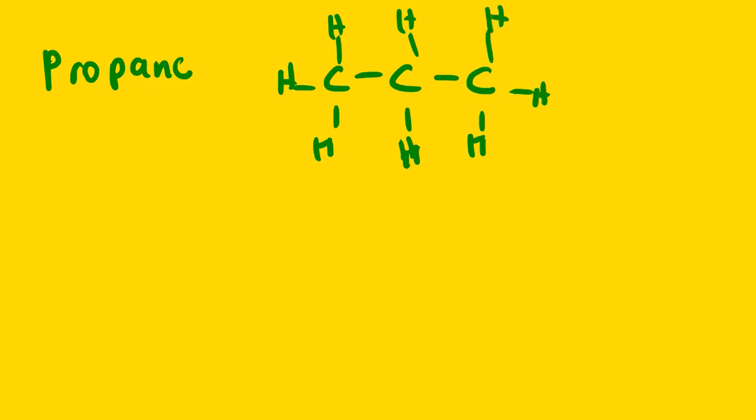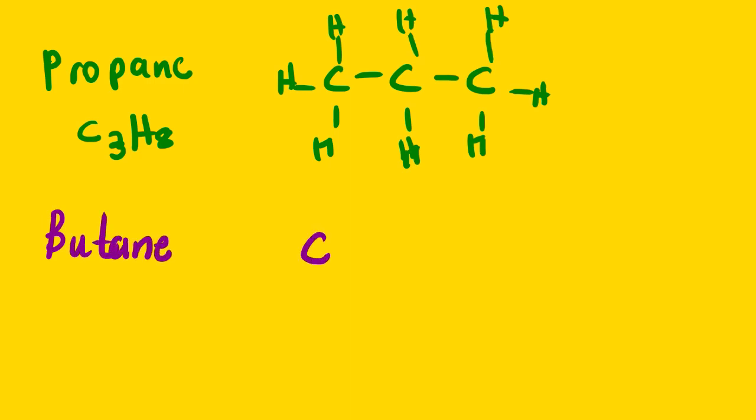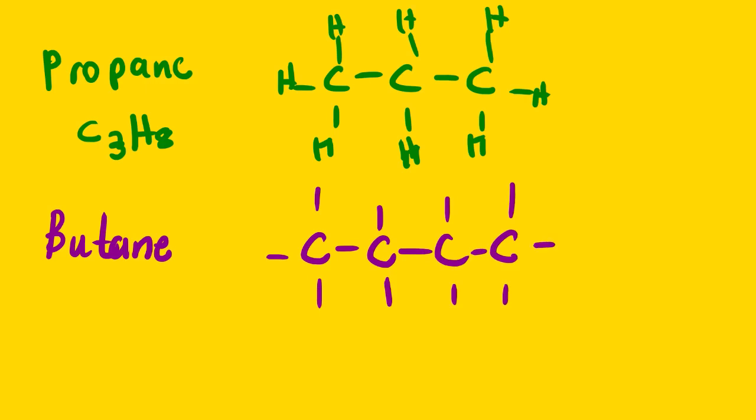Then the molecular formula is C3H8. Then you can clearly count, we have 8 hydrogens. Butane. When you talk about butane, it has 4 carbons. Now, without wasting time, we know that the terminal atoms here will be hydrogens.